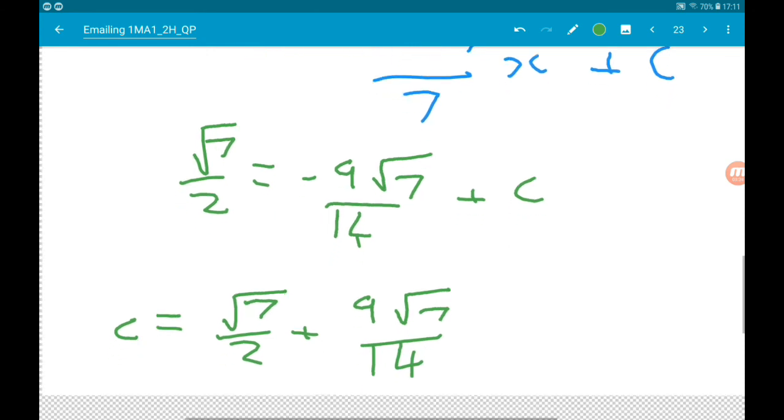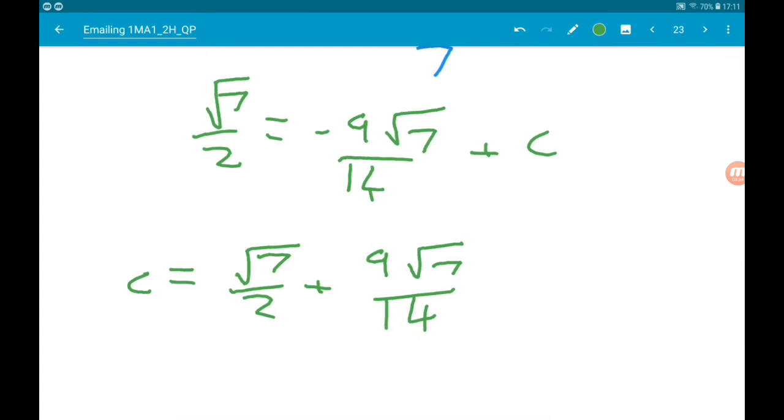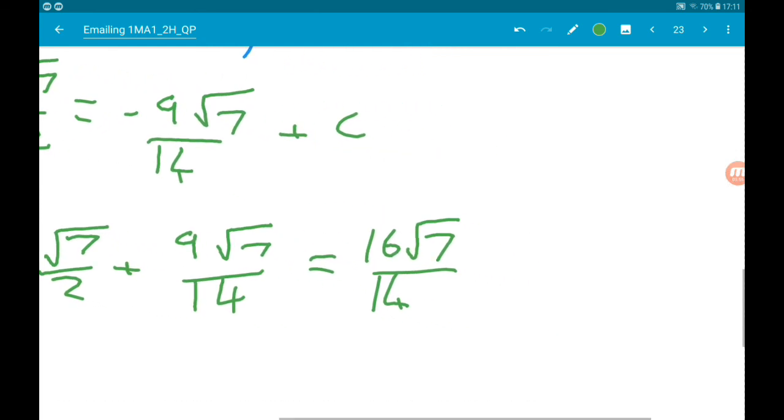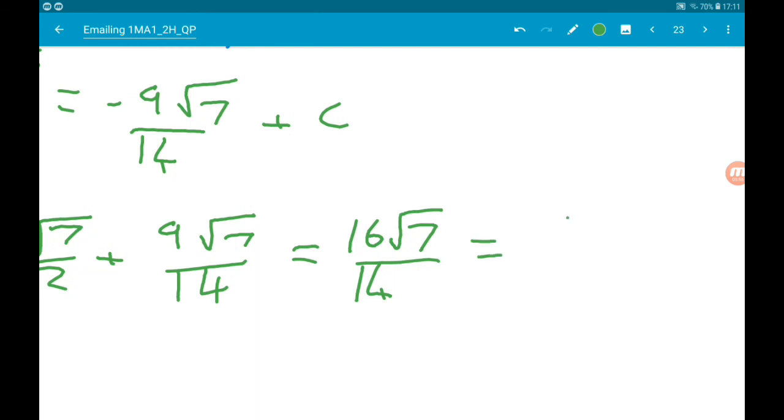Now, if we go for common denominators, root 7 over 2 is 7 root 7 over 14. So we have 16 root 7 over 14, which is 8 root 7 over 7.